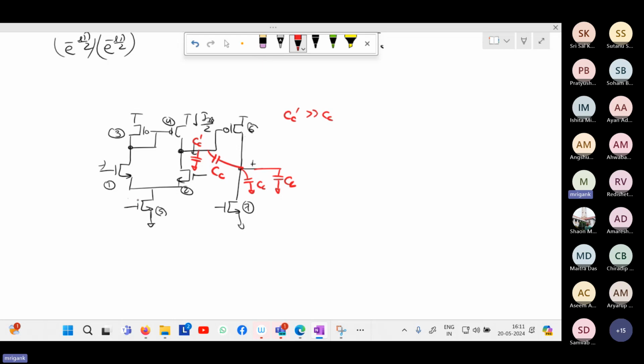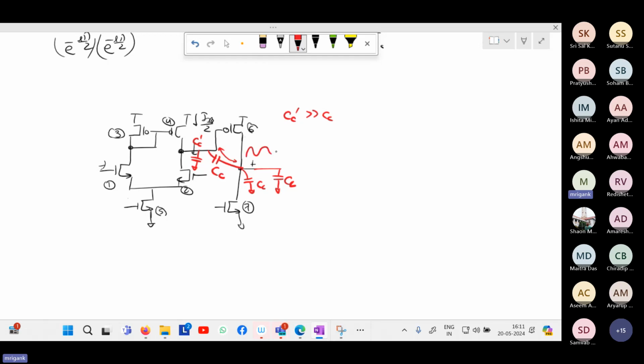As a result, now the first pole has been pushed towards lower frequency, and the second pole will not be affected much. At least here we can see that. But actually what happens is at higher frequency, this also gets shifted towards a higher value. Why does it happen? Because this CC basically creates a low impedance path for the CGD of M6.